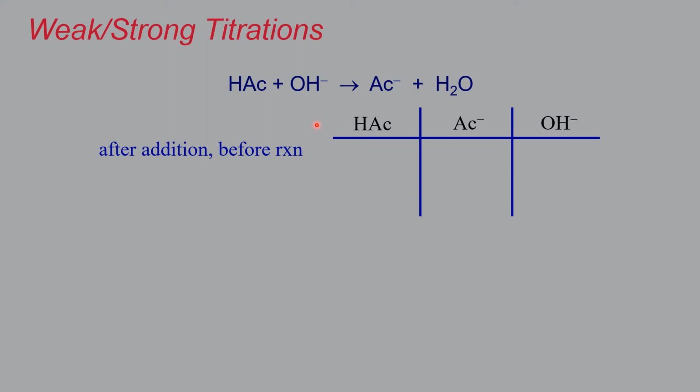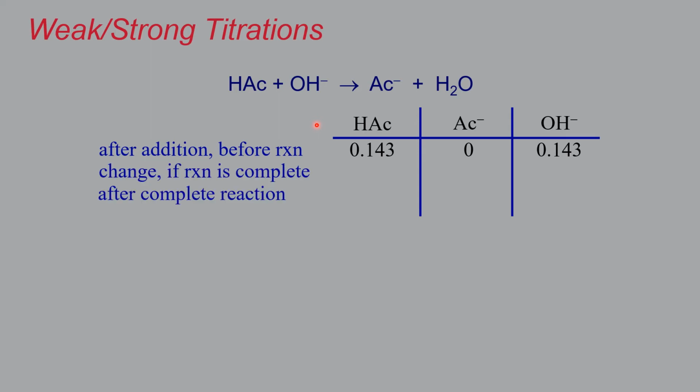After you've added everything, but before any reaction, at the hypothetical starting point, we have a 0.143 molar concentration of acetic acid, no acetate, and a 0.143 molar concentration of hydroxide. So what happens if the reaction is complete, and what do we end up with? We are going to lose 0.143 molar. The concentration of the hydroxide is going to go down by 0.143 molar to 0.